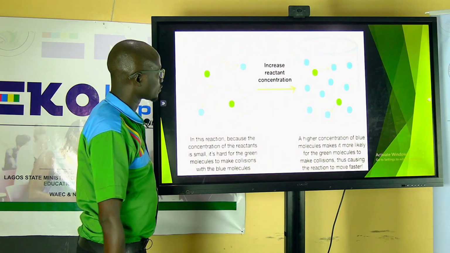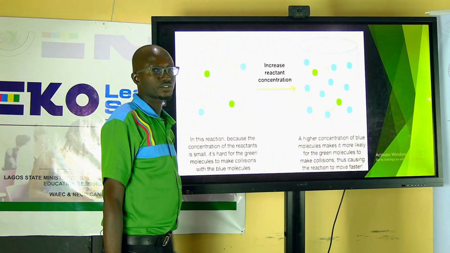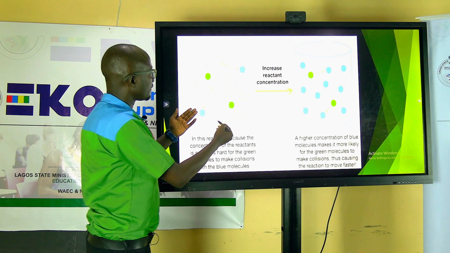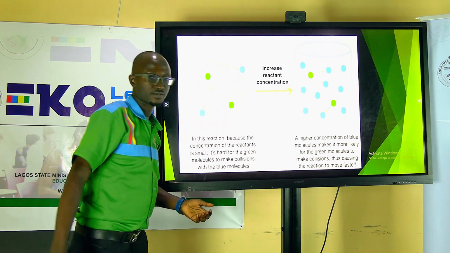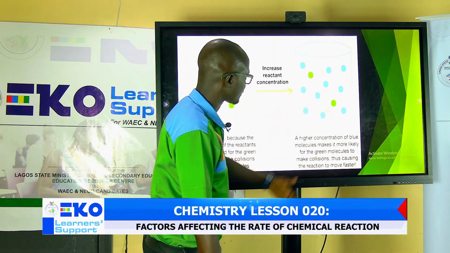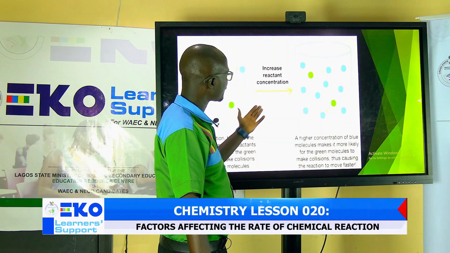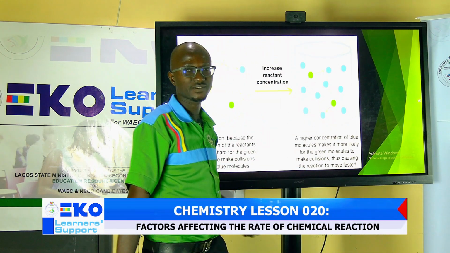This explains more to us what increase in concentration does. In this first diagram, the concentration is not much. We have just 2 of a particular reactant. While in this one, the concentration has been increased. We have about 10 of it.